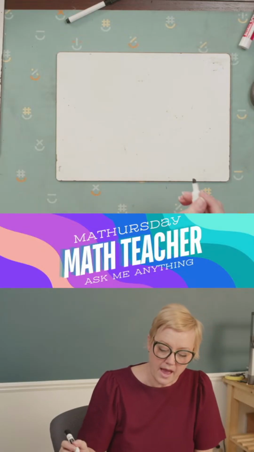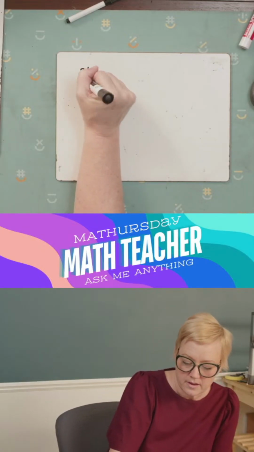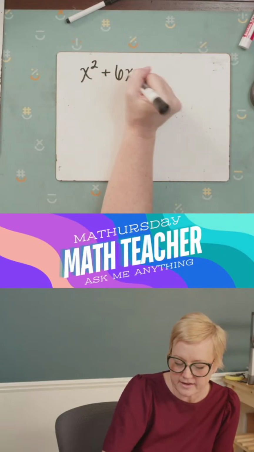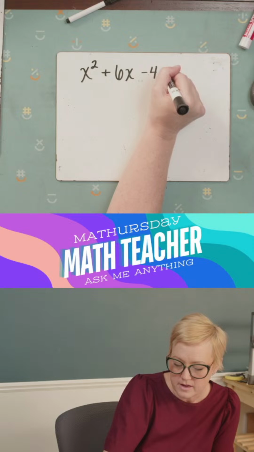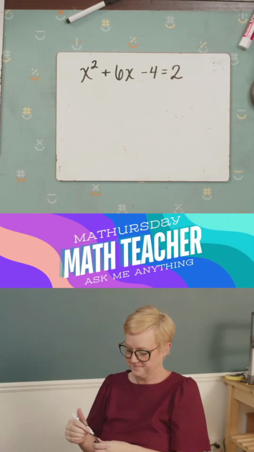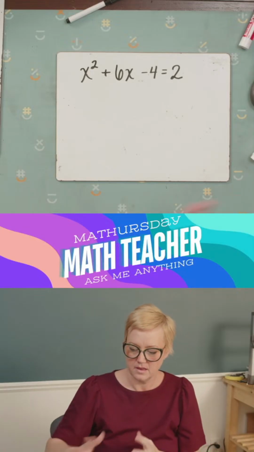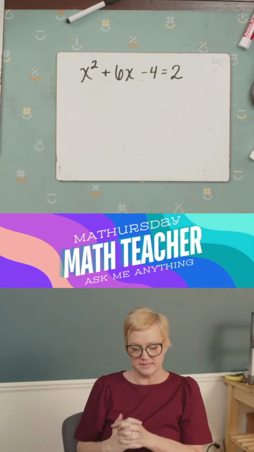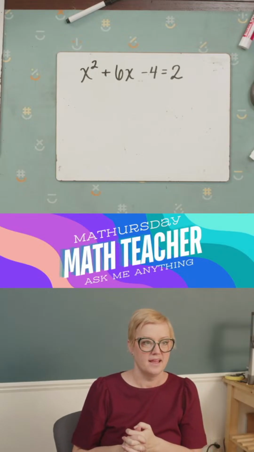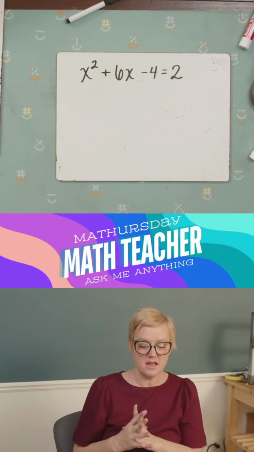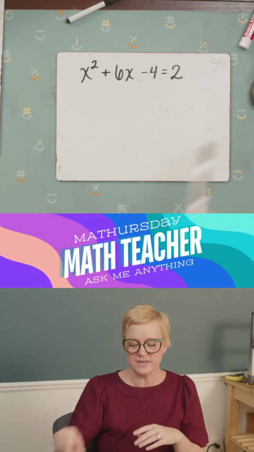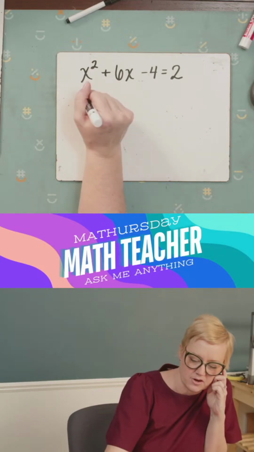Okay, so let's do x squared plus 6x minus 4 equals 2. So looking at this, first thing I want to do is I'm going to make it equal to 0 because that's usually the first step any time that you're trying it.